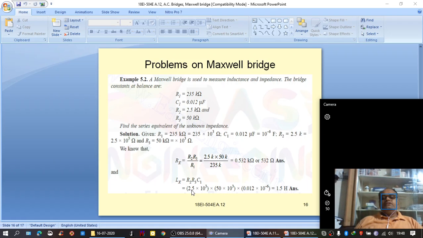So the remaining term is 2.5 into 50 into 0.012. If you do the calculation, it comes out to be 1.5. So the unknown inductance is 1.5 Henry, and the associated resistance is 532 ohms.